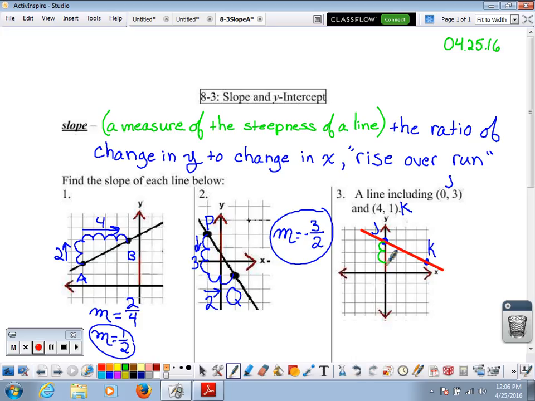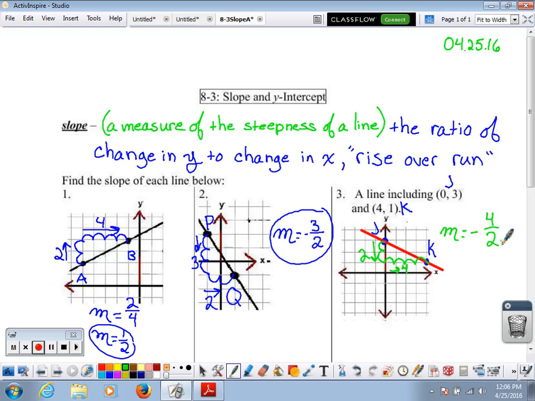And then 4 steps over. So we take 4 steps to the right, but we took 2 steps downward. Now, what's that going to do to our slope? Going downward instead of upward, what does that do to the slope? Makes it negative again. So what will that look like? Negative what? Negative 4 halves.